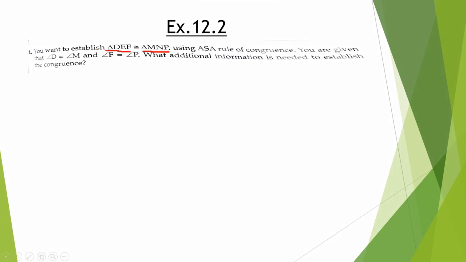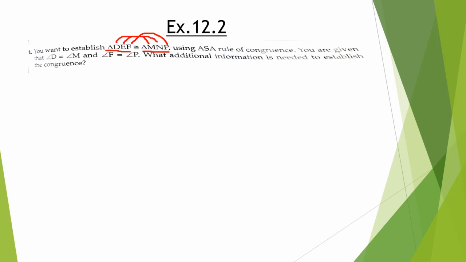So D will be equal to M, E will be equal to N, and F will be equal to P. That means angle D equal to angle M, angle E equal to angle N, and angle F equal to angle P if they are congruent. So here order is very important while looking into the congruency of two triangles.